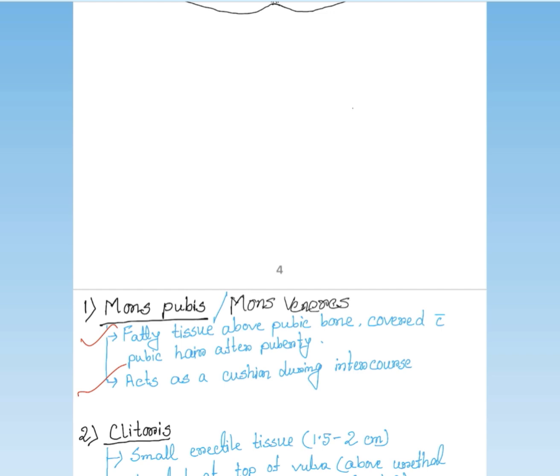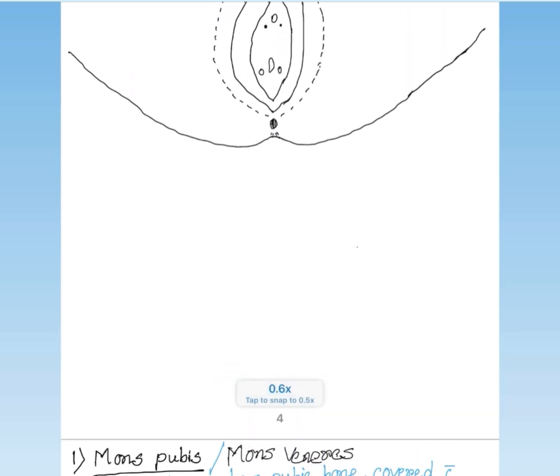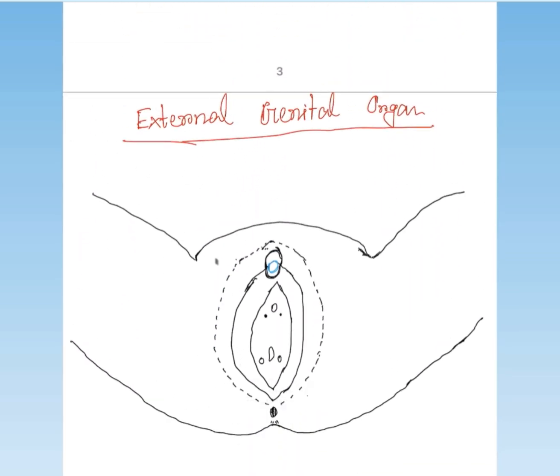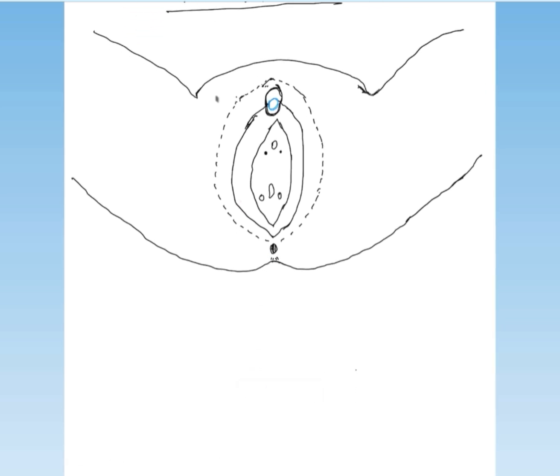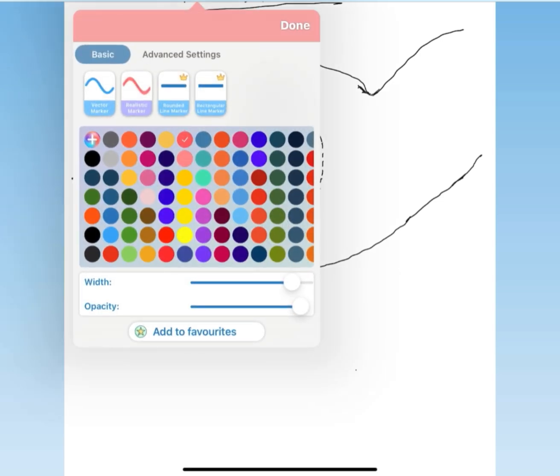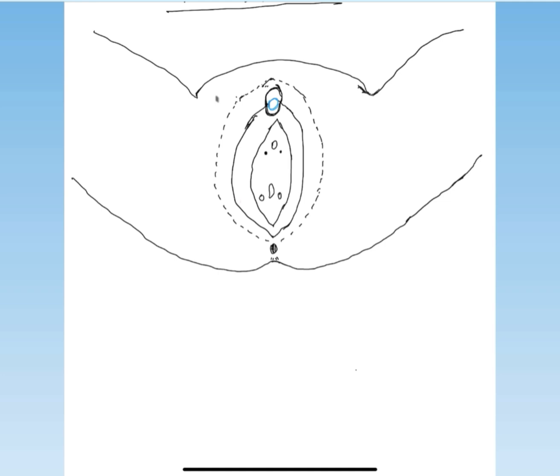This whole external genital organ is also called the vulva, which you can see from outside, or pudendum. So the Mons pubis is one of the external genital organs, and it is situated in this portion.